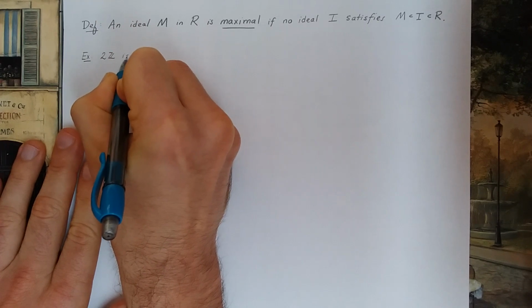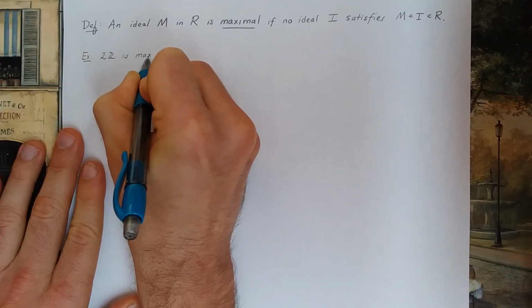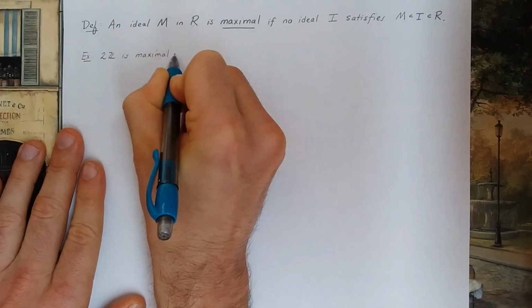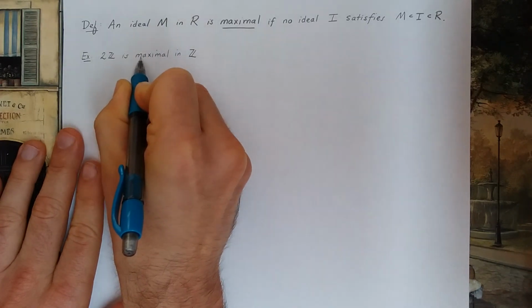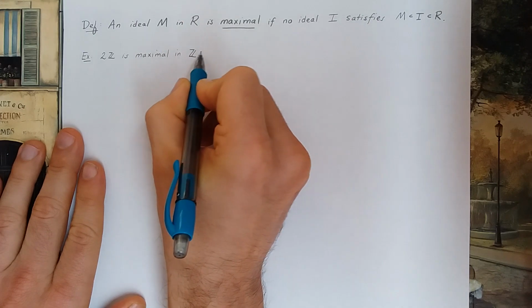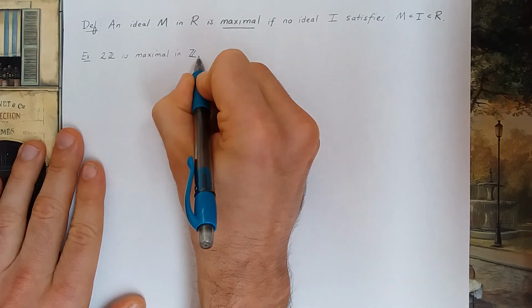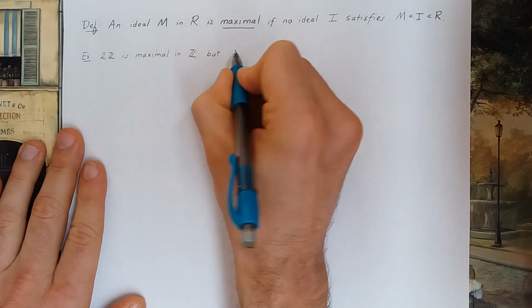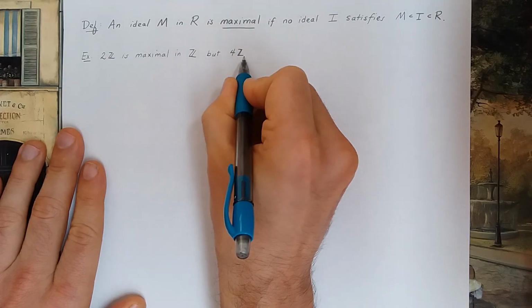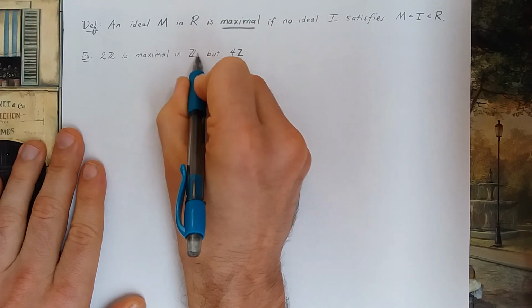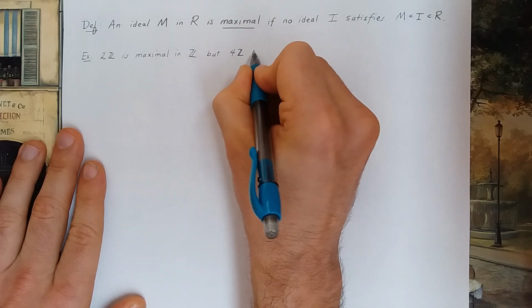2Z is maximal in the integers. So the even integers is a maximal ideal in the set of integers, but compare that with 4Z. So multiples of 4, that's an ideal in the integers.